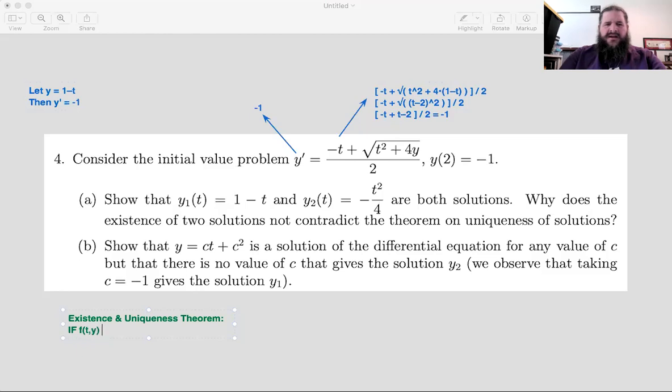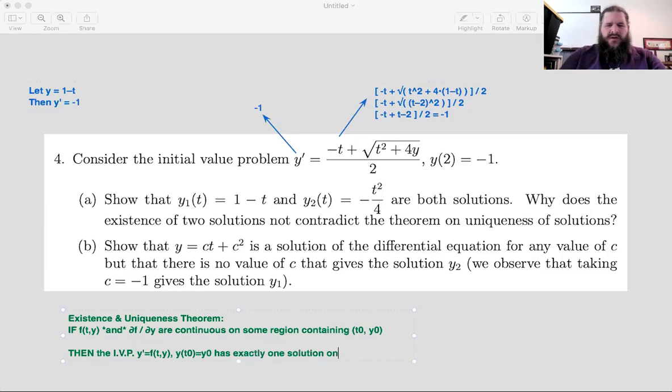of t and y and its partial derivative with respect to y are continuous, and specifically not just at that location, but continuous on some region, usually some rectangle containing t naught comma y naught, then the initial value problem y prime equals f of t, y, y of t0 equals y naught has exactly one solution on that region.